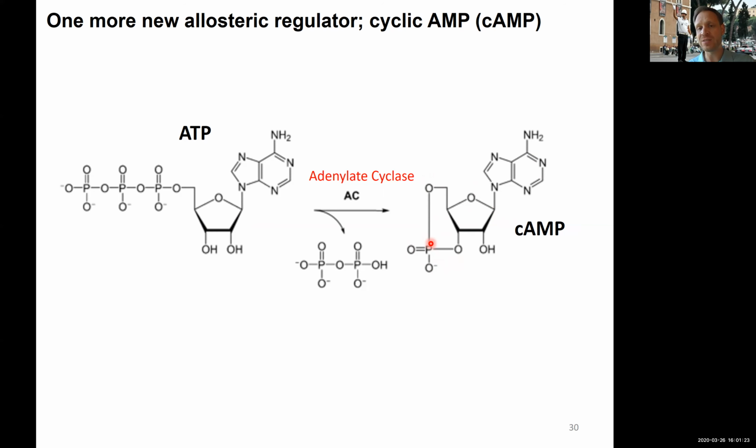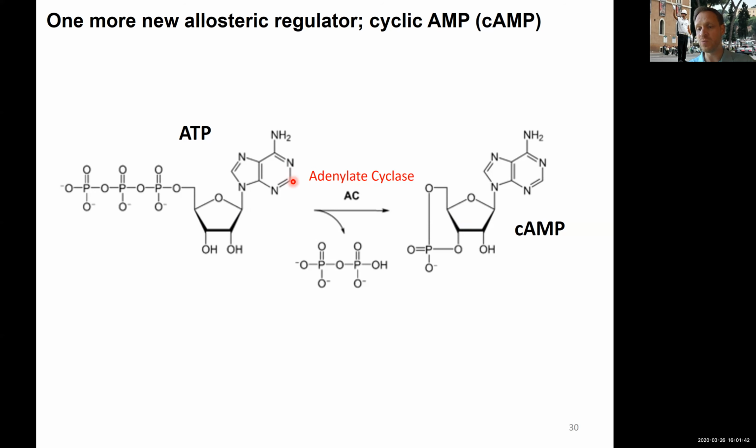I will not ask you exactly how it's made. It's actually made from ATP, so we're using the hydrolysis of the two phosphoanhydride bonds to bring about this cyclization reaction for cAMP. And the enzyme that is catalyzing it is adenylate cyclase.